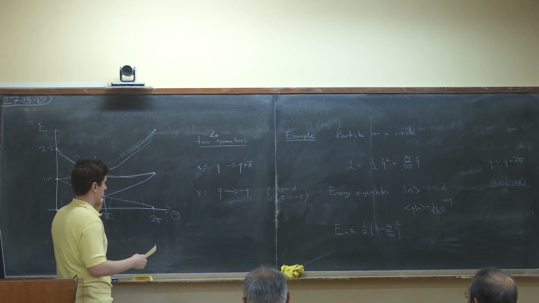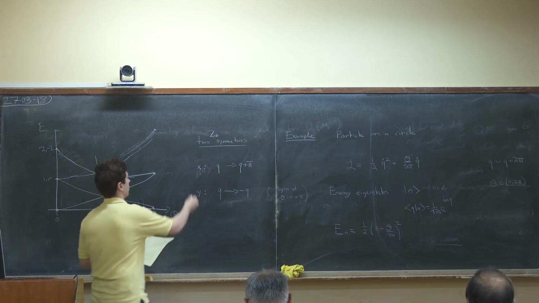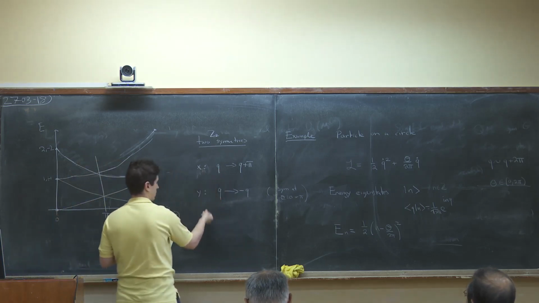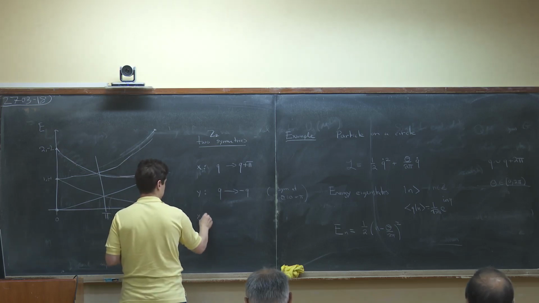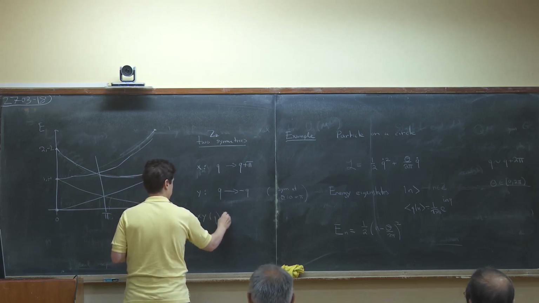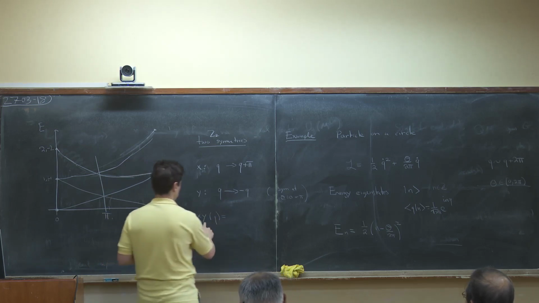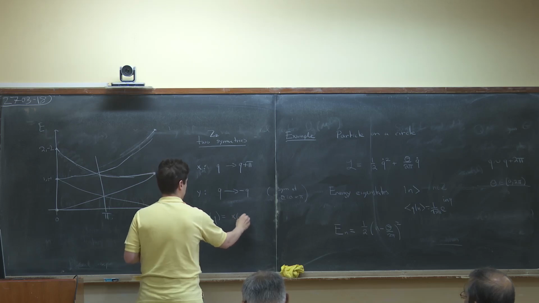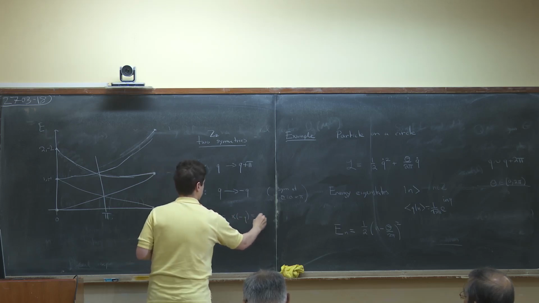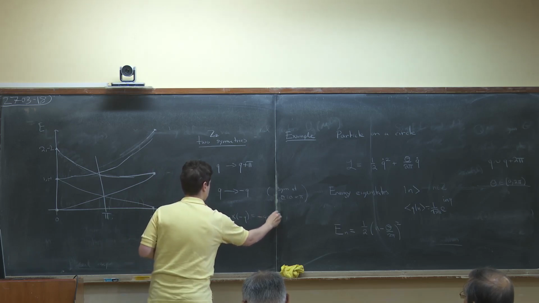Okay, so let's look at what happens when we consider XY versus YX. XY on Q is X on minus Q, which is minus Q plus pi.